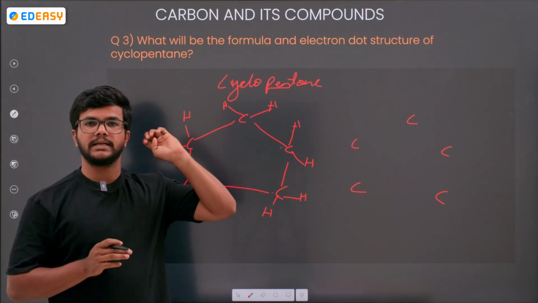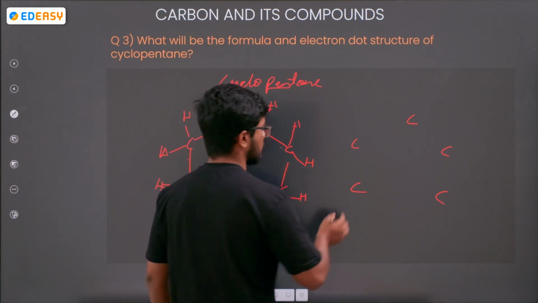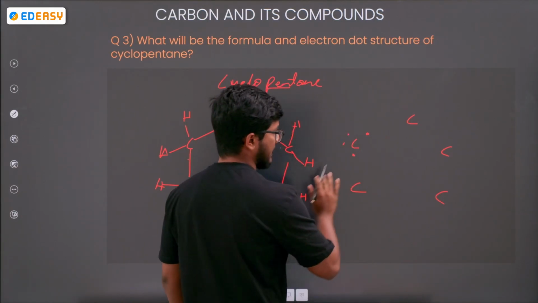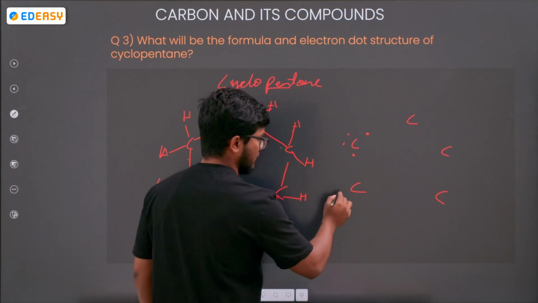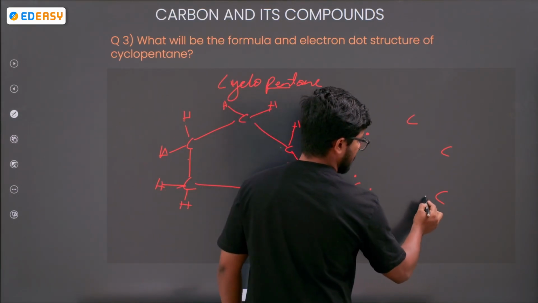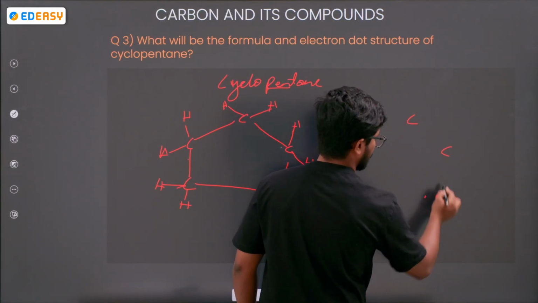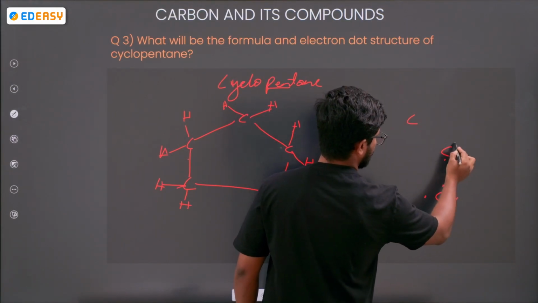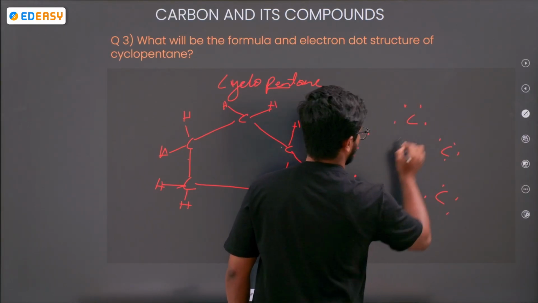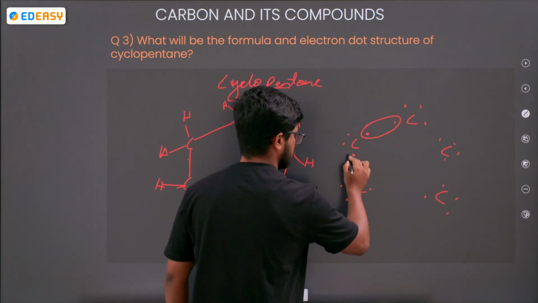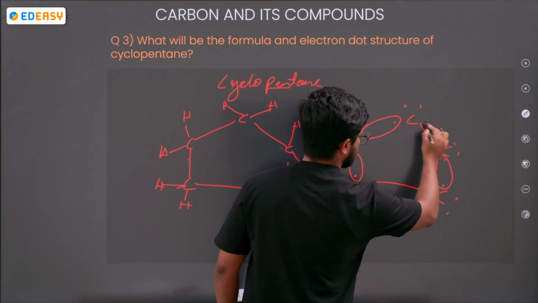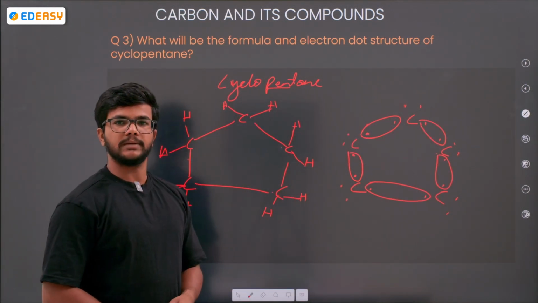How many electrons are there around the carbon? 4, so 4 dots, 1, 2, 3, 4, each for making a bond. So this is one bond between carbons. This is the carbon bond. The remaining 2 bonds can be hydrogens.